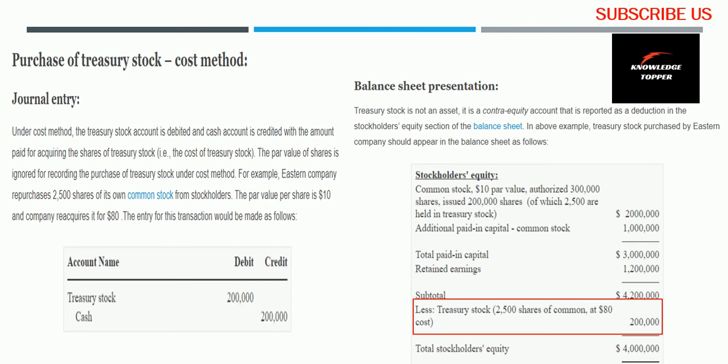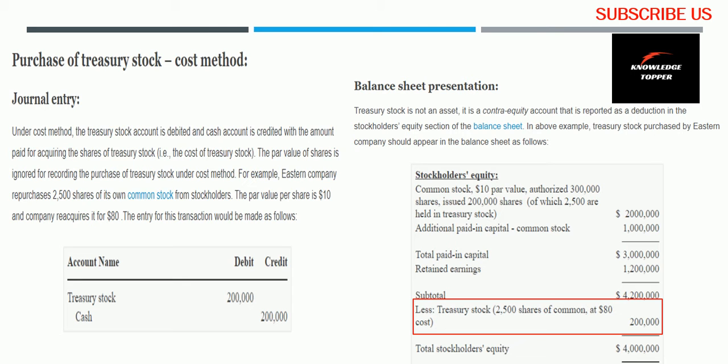As I already told you, the par value of shares is ignored, so we just multiply 2,500 shares by $80 and we get 2 lakh. Treasury stock is debited and cash is credited.